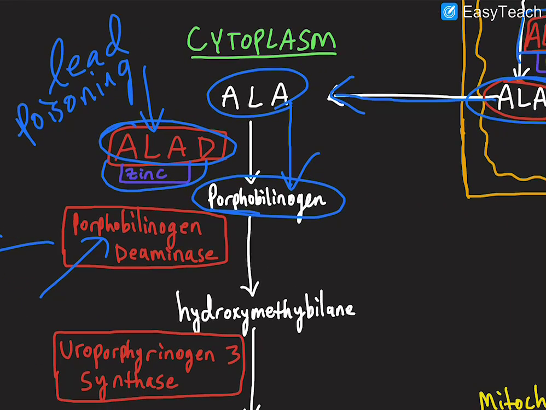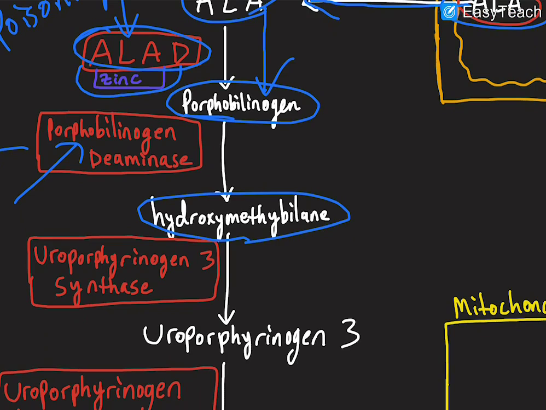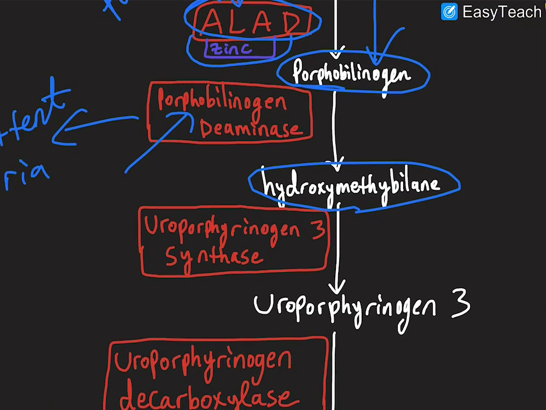Now we have synthesized hydroxymethylbilane. Hydroxymethylbilane is converted into uroporphyrinogen 3 via uroporphyrinogen 3 synthase. That enzyme is not hard to remember.